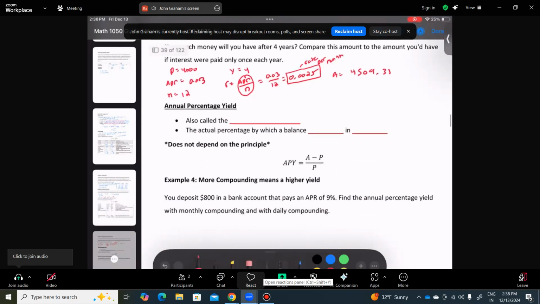All right. Now, with this, we also have what's called an annual percentage yield, and you can do this no matter what kind of compounding you have when it comes to your n value, whether n is equal to 1 or n is equal to 12. We also call this the effective yield.